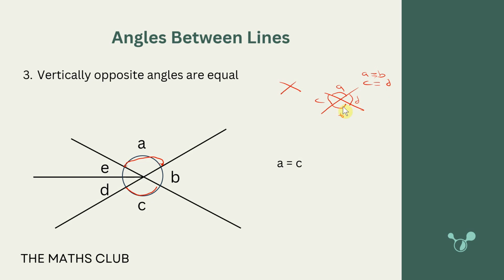D, for this example. In this case, while A is equal to C, B will also be equal to what? You see that this place is split into two. B is just equal to E plus D. So by the time I sum these two, it will be equal to the opposite. First thing to note is to always look for the X sign, and opposite angles are equal when you have the X sign, basically saying vertically opposite angles are equal.